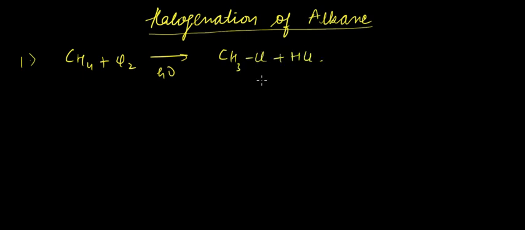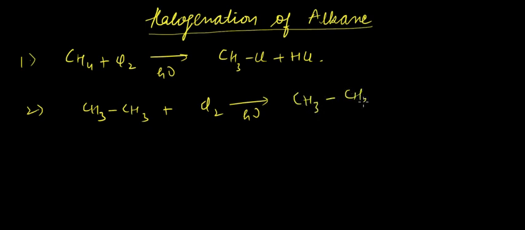Suppose we have something like this, in presence of H nu, it will form something like CH3Cl plus HCl, and if we have another one, in presence of H nu, it will have something like this.